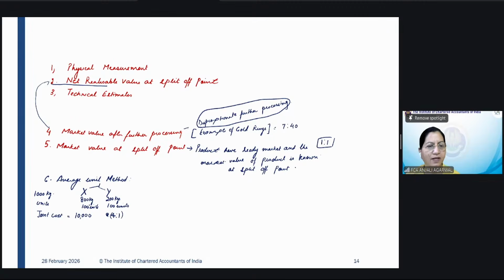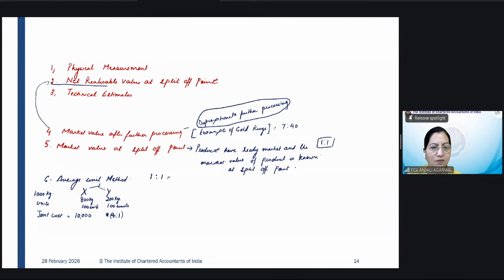What does this imply? This implies that 1 unit of X is of 8 kgs and 1 unit of Y is of 2 kgs. But if you were following average unit method, the ratio would have become 1:1. 100 units of X, 100 units of Y.